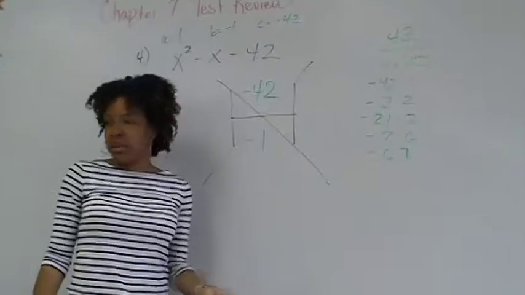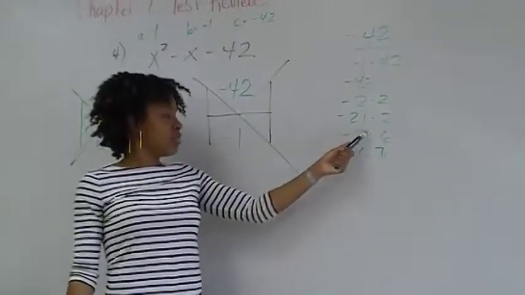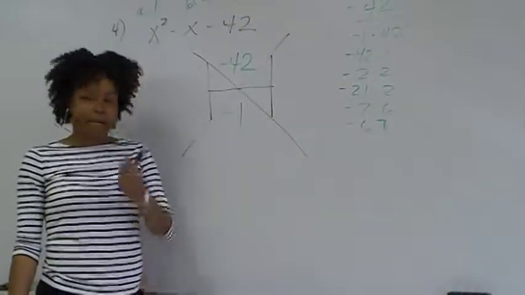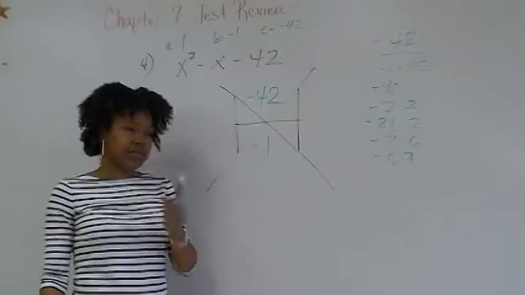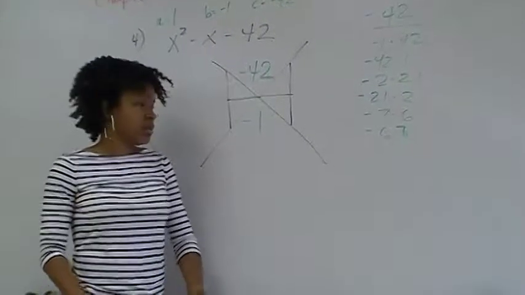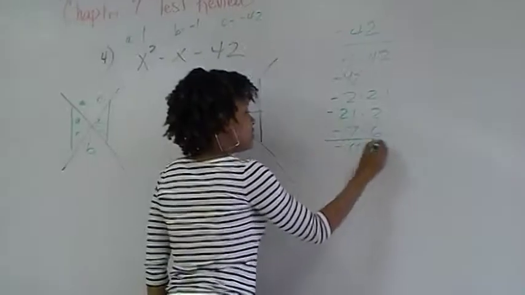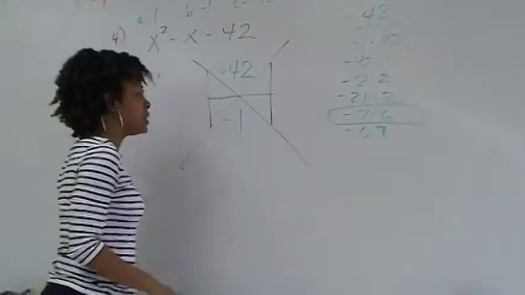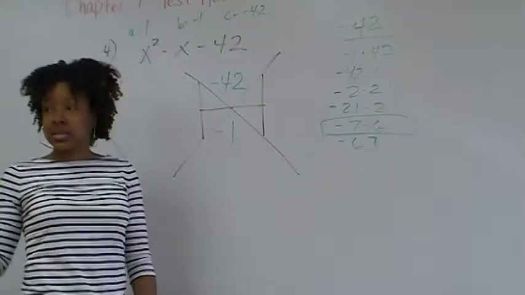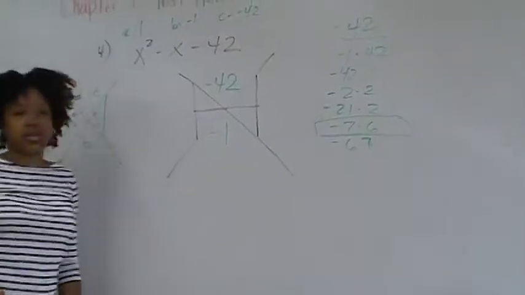Do any of these give you -1 when you add them? Yes. Which one? -7. Good. -7 times 6 gives you -42, and -7 plus 6 gives you -1.